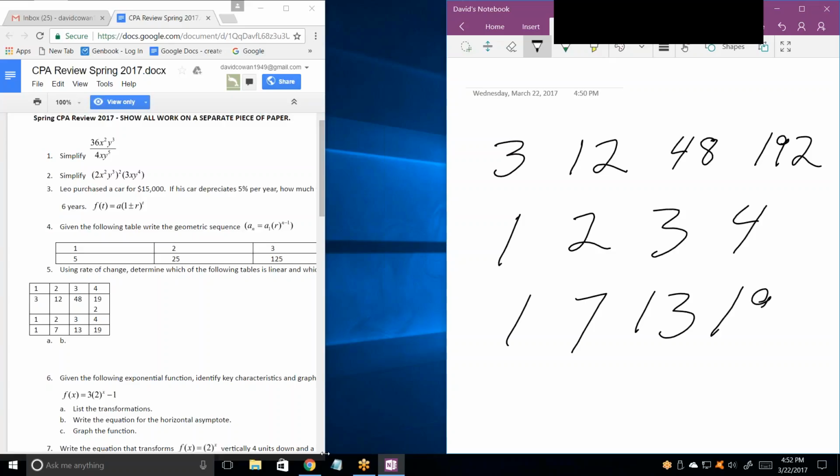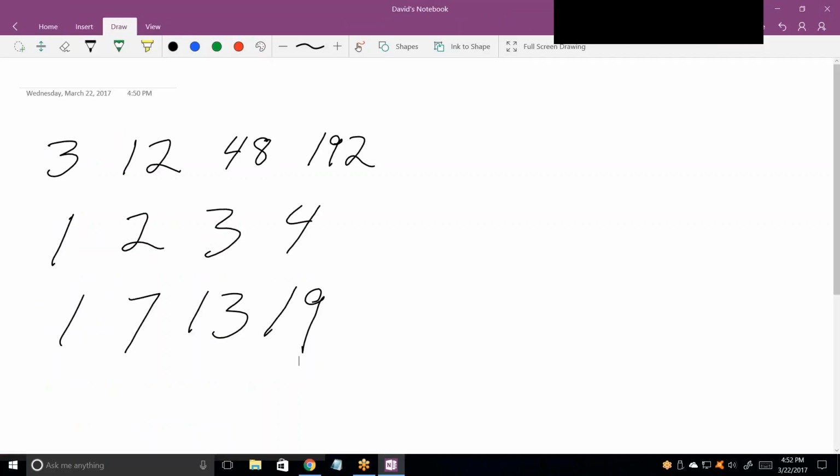So let's talk about the top row. Is that linear or exponential?